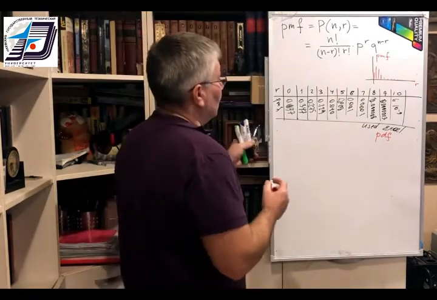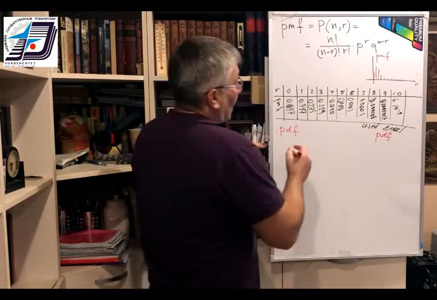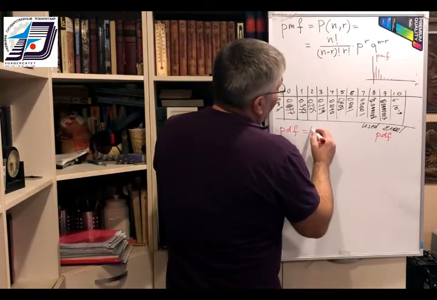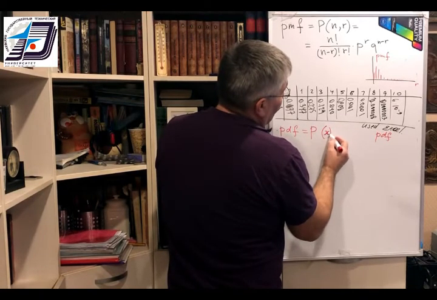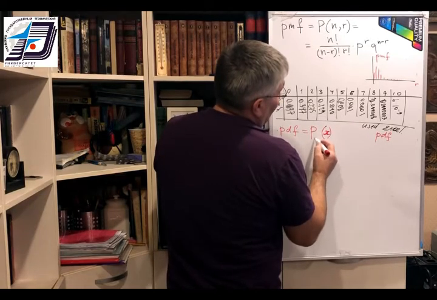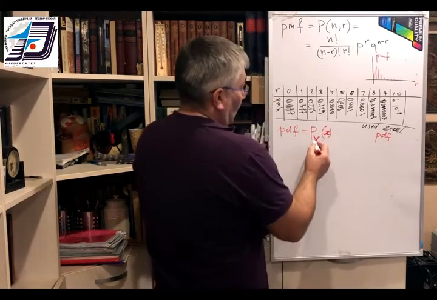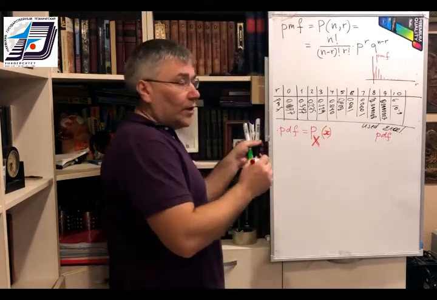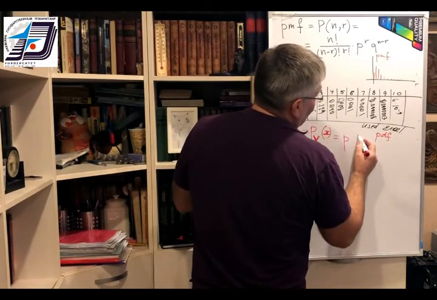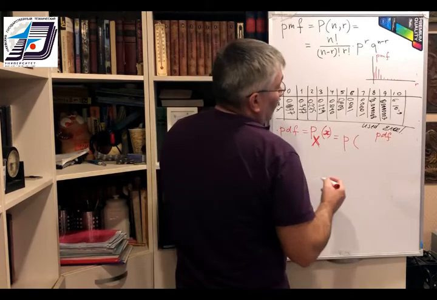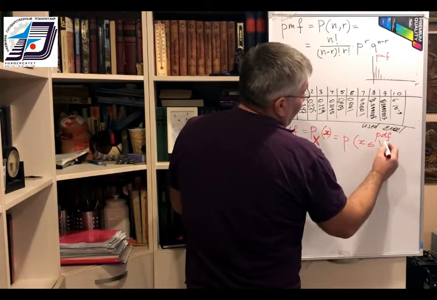The probability distribution function I denote like P of x, with small x associated with a capital X. It is the probability of getting a result x less or equal to x capital.